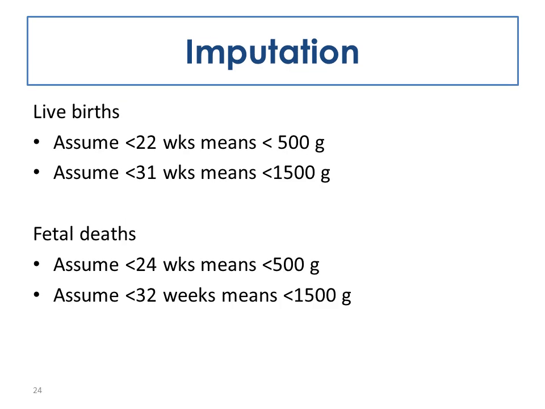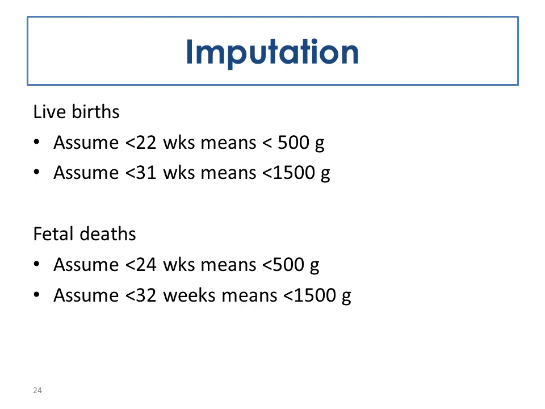For live births, if you have gestational age and it says less than 22 weeks, you can assume that case was less than 500 grams. Or if it was less than 31 weeks, then you can assume that means less than 1,500 grams. For fetal deaths, it's a similar pattern.